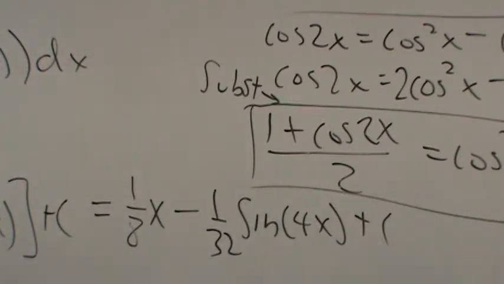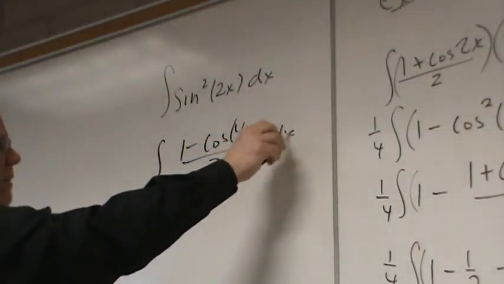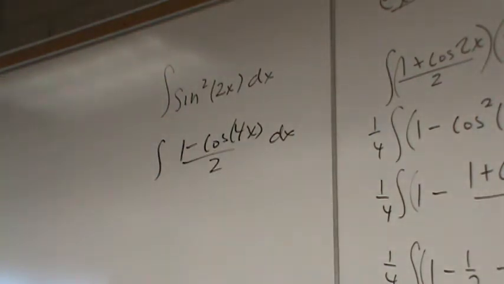They might give you the integral of the sine squared of 2x, something like that, where you're going, okay, well, step 1. I'm going to have to turn this into 1 minus cosine of 4x over 2, dx, and then you just go on and let it rip.